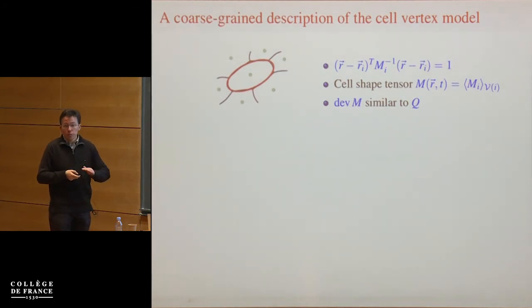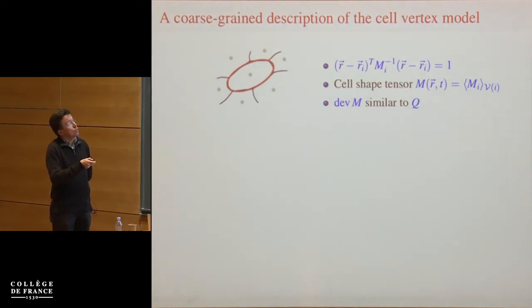Now, in order to coarse-grain the problem, the idea is to choose a domain which is large enough to contain a large enough number of cells, but small enough so that the properties within this domain are going to be roughly homogeneous, and to average the cell-shaped tensor over this domain. Okay?